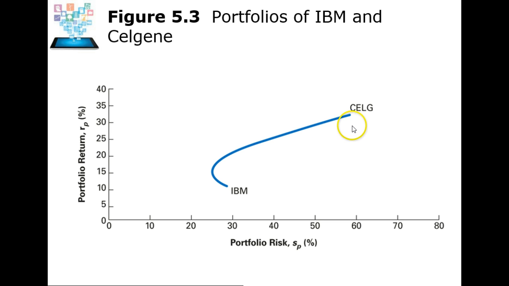Anyway, we see that the return for the biopharmaceutical is higher. The return here, we'll say, is like 35%, but the risk is also higher, measured by this portfolio risk percentage down here, compared to IBM, which has a lower return but is less risky.